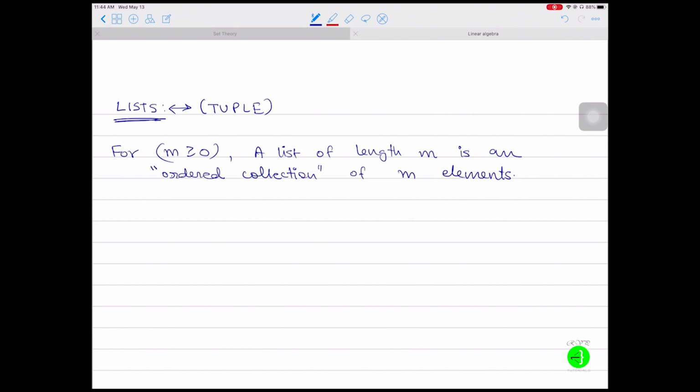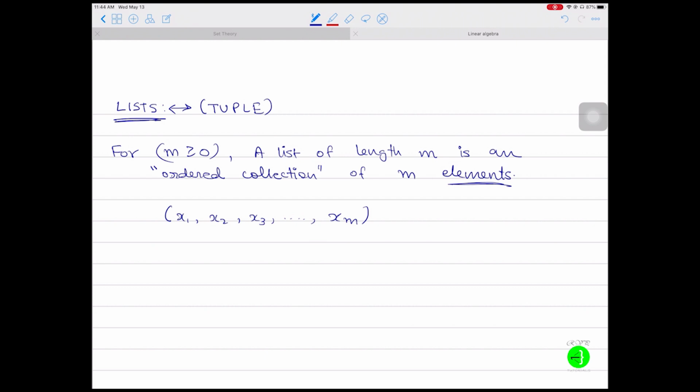I repeat, a list of length m is an ordered collection of m elements. And these elements could be anything: numbers, letters, names, places, sets, or any abstract item that you can think of. And in general, we denote or write a list as x1, x2, x3, and so on till xm. This is how a list is written.